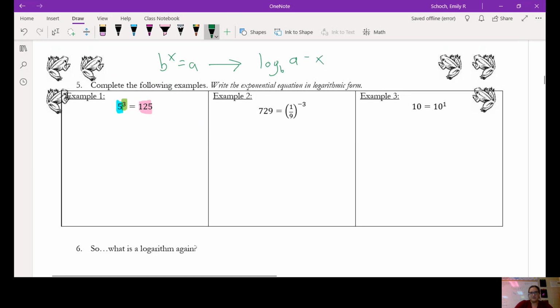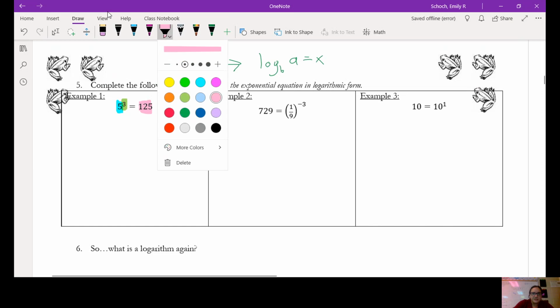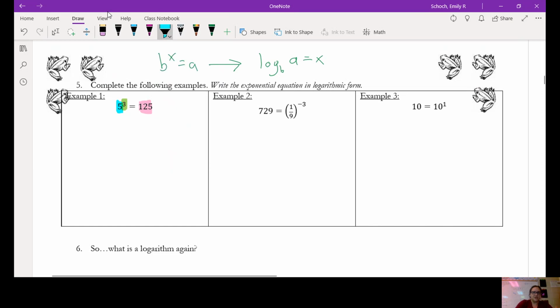And again, you can put the a in parentheses or not, it doesn't really matter. So I'll put the highlighting back on. We have an exponential expression here. First we have the b. The base is 5 in this exponential expression. So when we write our answer, we're going to have log base 5, a little 5 that goes right down below.